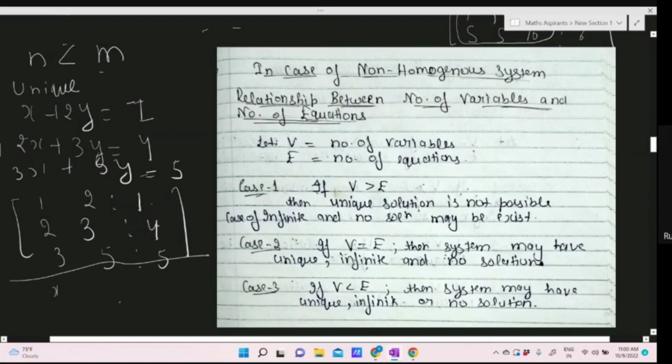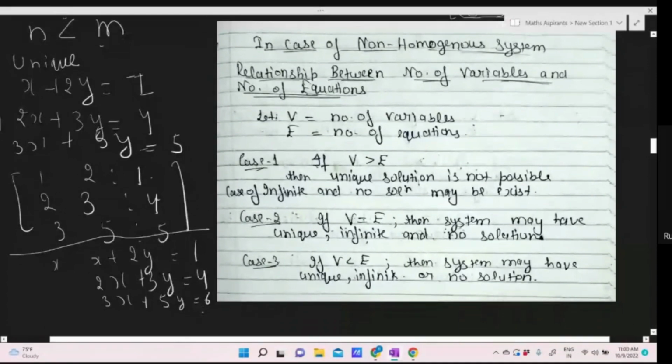For an infinite solution, you can easily check by writing this system in augmented matrix form, and for the third equation you take 3x plus 5y equals 6.